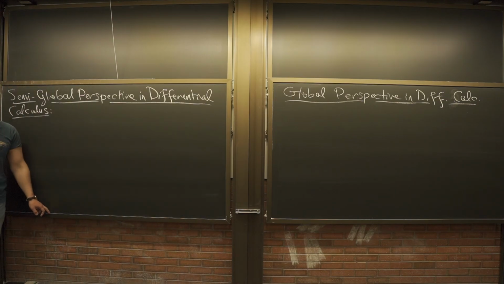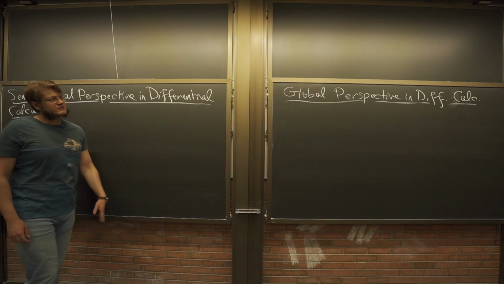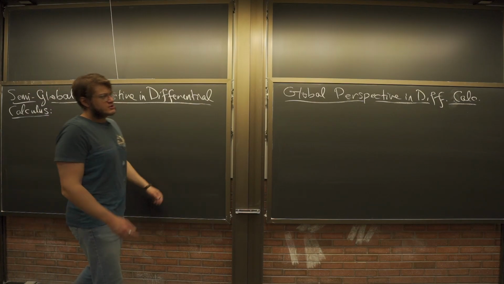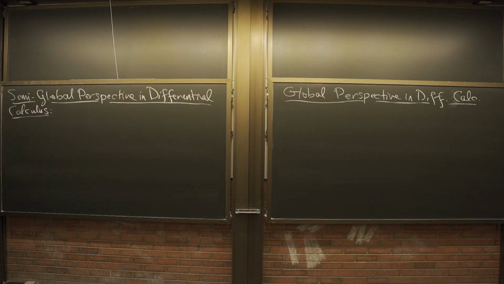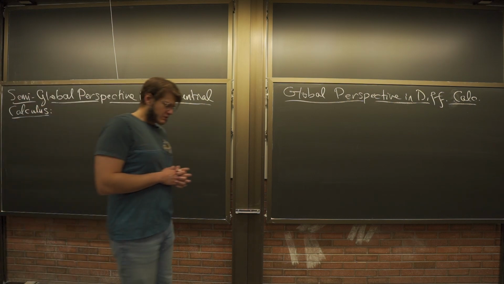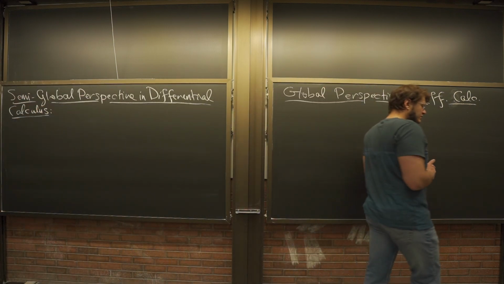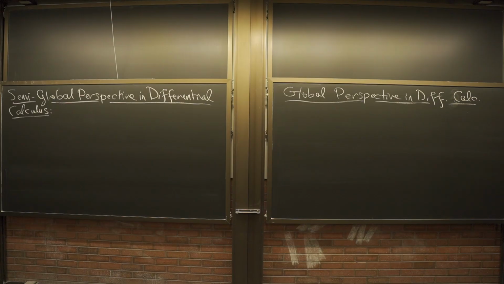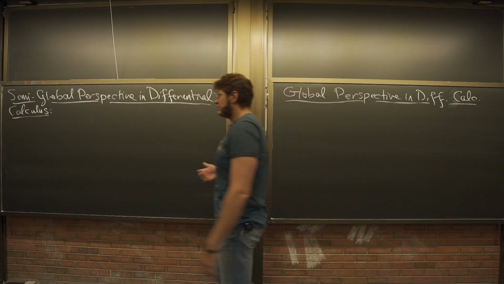And so I'd like to just give an idea as to how one generalizes to a more global perspective. Ultimately, I hope, even though we're not going to use it in the context of differential forms, it's going to make things a little bit clearer, even though we're not going to necessarily use these formalisms.